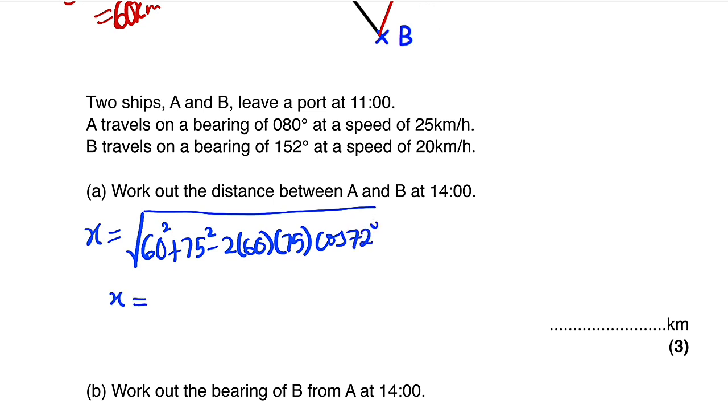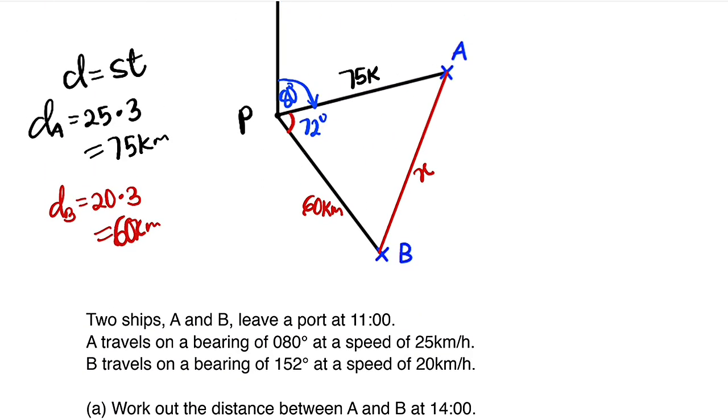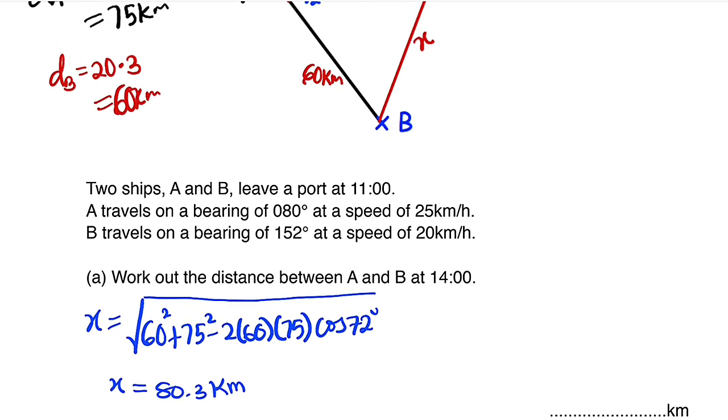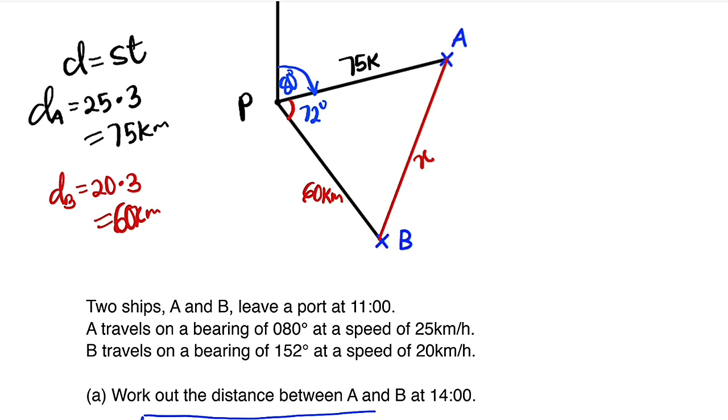Therefore, putting everything into my calculator, x is approximately 80.3 cm. Is it in centimeters? No, in kilometers. So we have just answered the first question in just 2 lines.